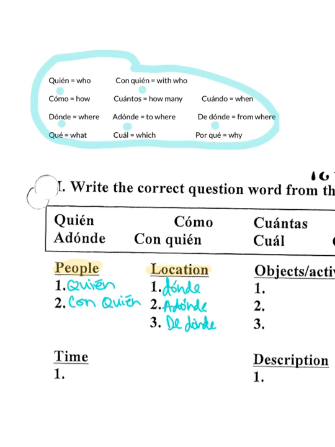And then if the answer has some sort of time frame in it, then it's going to be more like a question involving when. When does this happen? So, cuando.